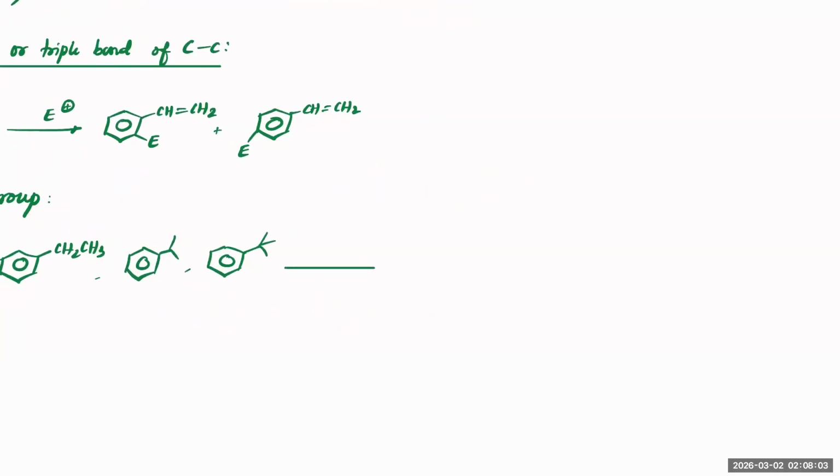In all of these cases, if you take an electrophile to be added, then if I put this as R, the electrophile will come at the ortho position and para position. And there is some amount of meta product also, but this will still be minor only.